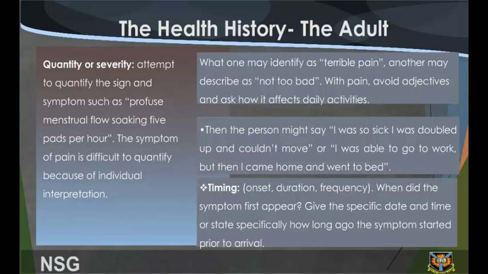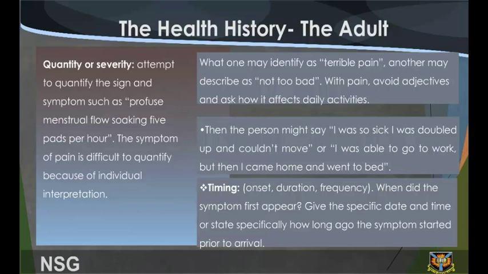With pain, avoid adjectives and ask how it affects daily activities. Then the person might say, "I was so sick, I was doubled up and couldn't move," or, "I was able to go to work, but then I came home and went to bed."